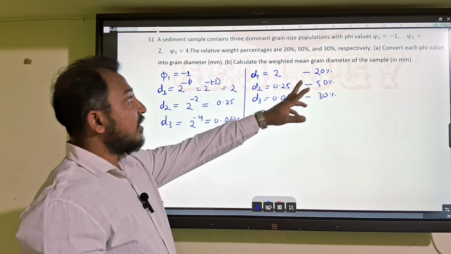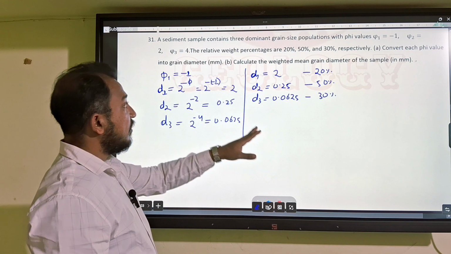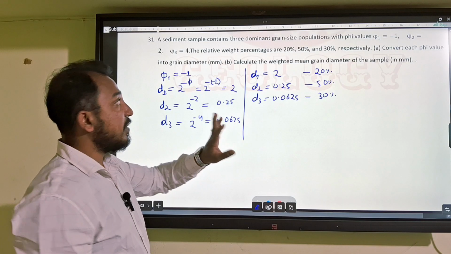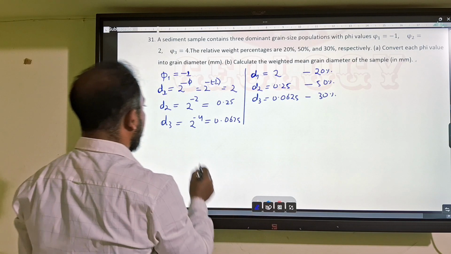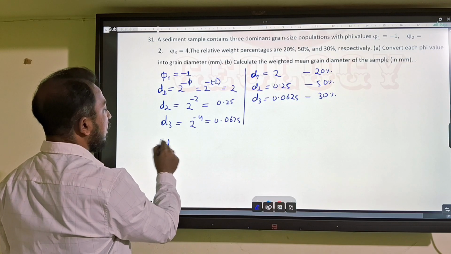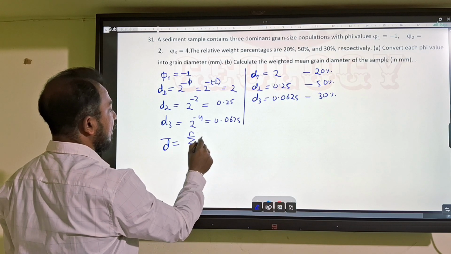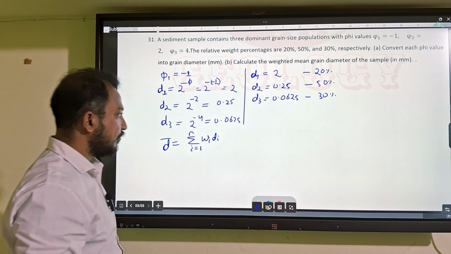So first you have to convert each phi value into grain diameter. So we have already converted each phi value into grain diameter: 2 mm, 0.25 mm and 0.0625 mm. Then we have to calculate the weighted mean diameter. So the formula for weighted mean diameter will be the summation of i equal to 1 to n, Wi di.